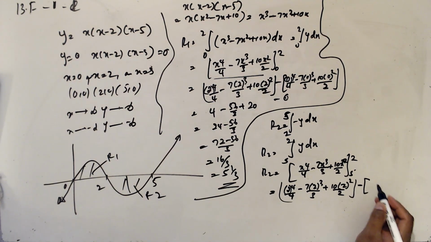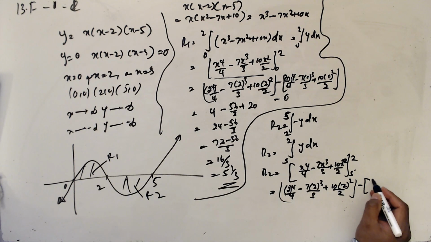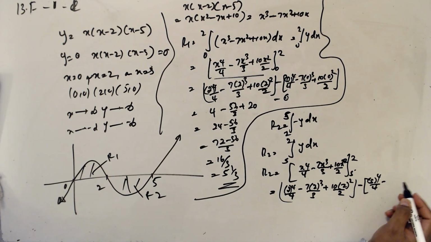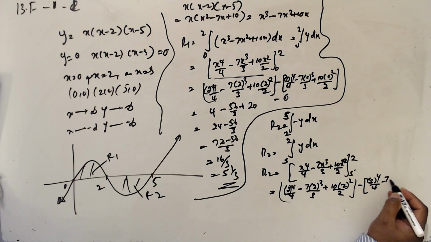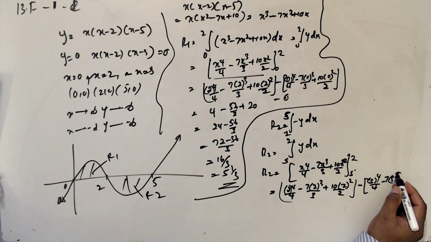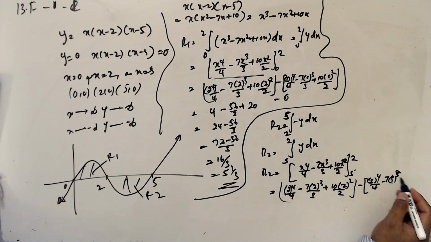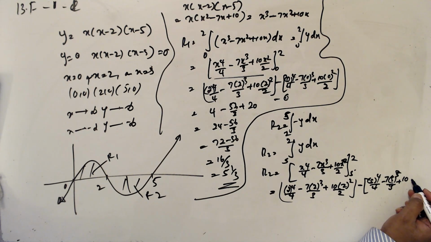Then this one minus 5 to the power 4 over 4, minus 7 times 5 to the power 3 over 3, plus 10 times 5 squared over 2.